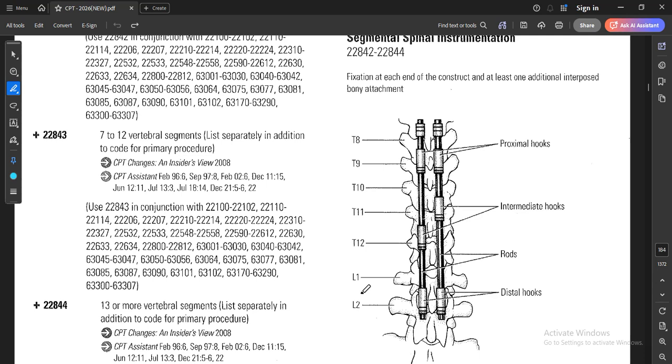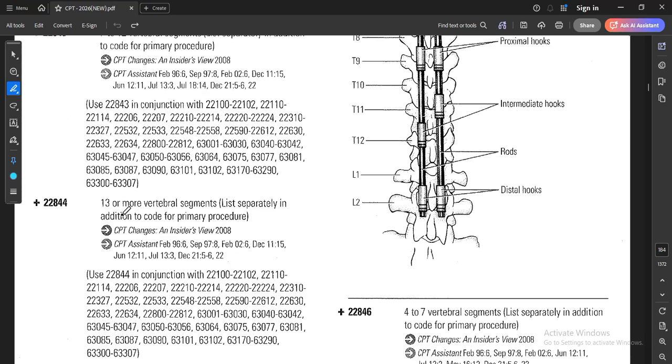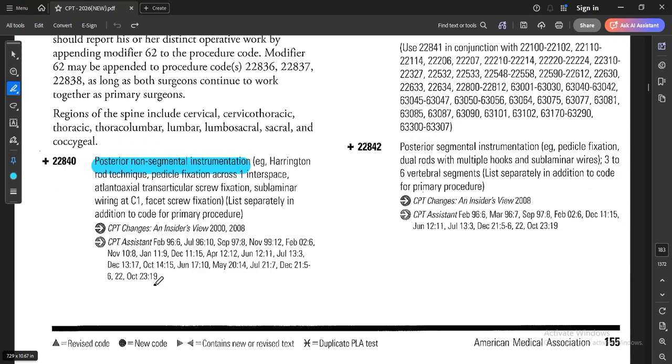Bony part, yeah, perfect. The bony part of the vertebrae is the vertebral segment. So 7 to 12 vertebral segments, 22843. 13 or more vertebral segments, 22844. You just need to count the number of vertebral segments. That's all. This is very easy.